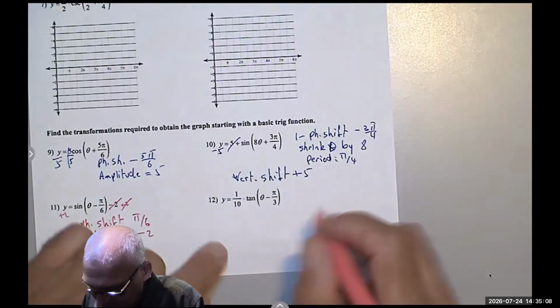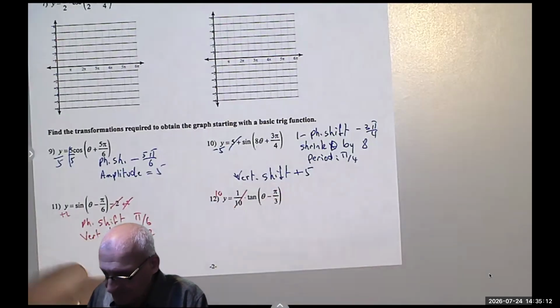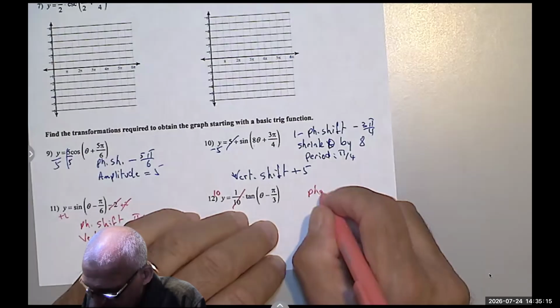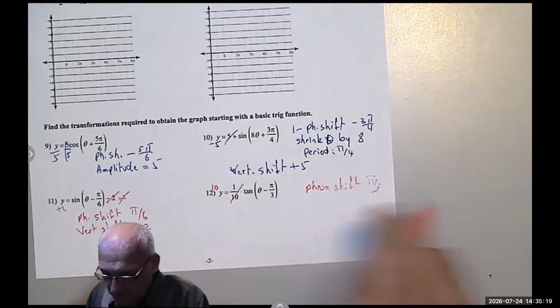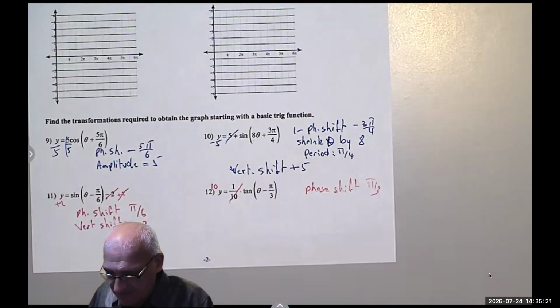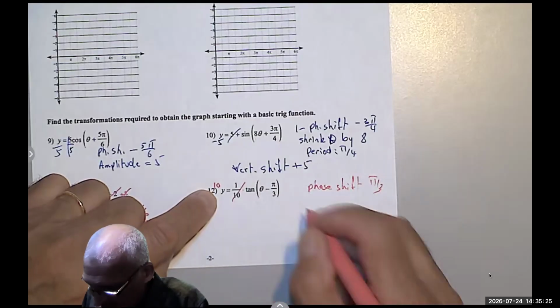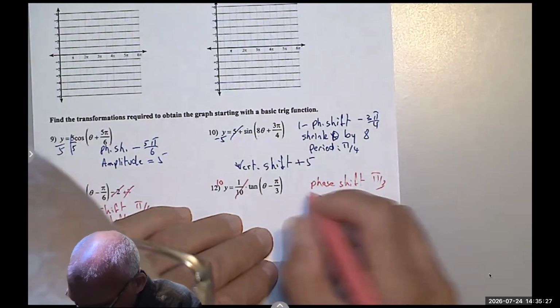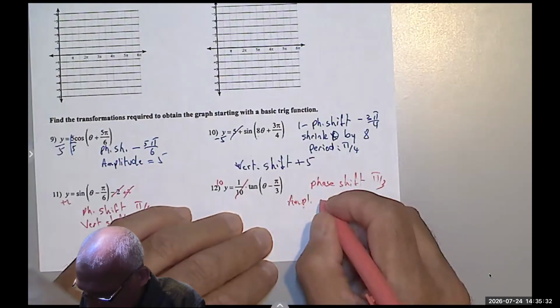Here, 10 times. Phase shift of pi over 3 to add, nothing else. Y is 10y, so I have to divide by 10, meaning the amplitude becomes 1/10.